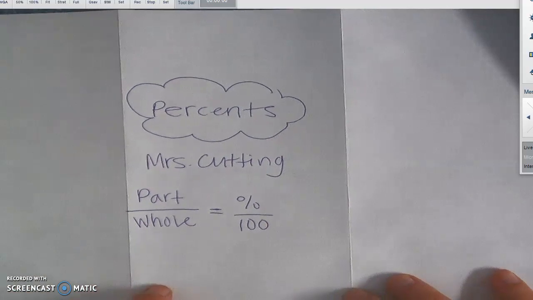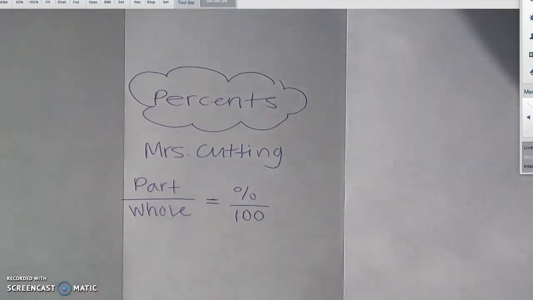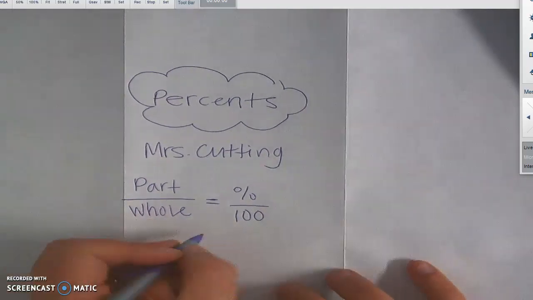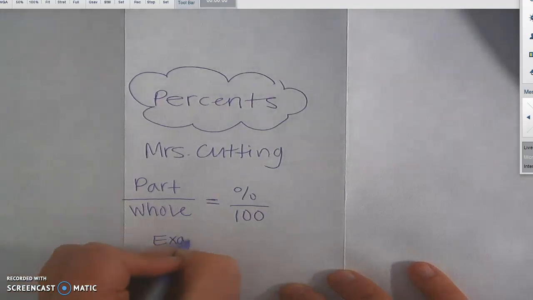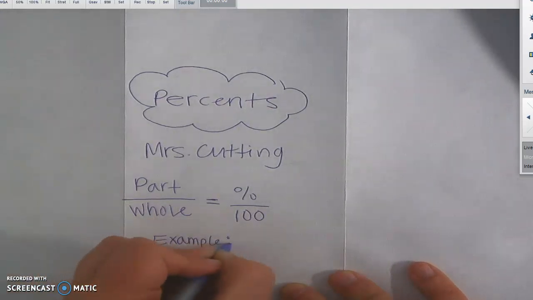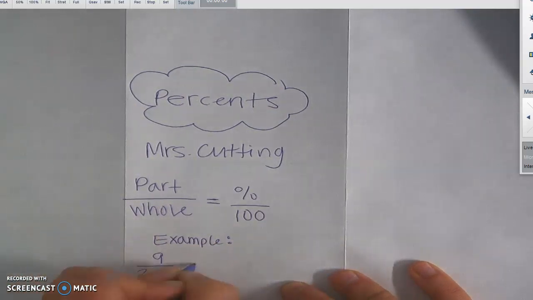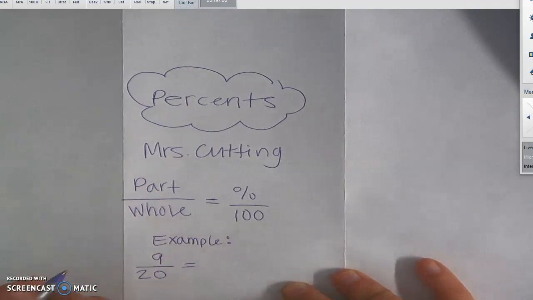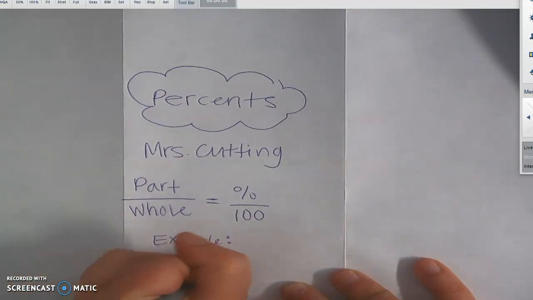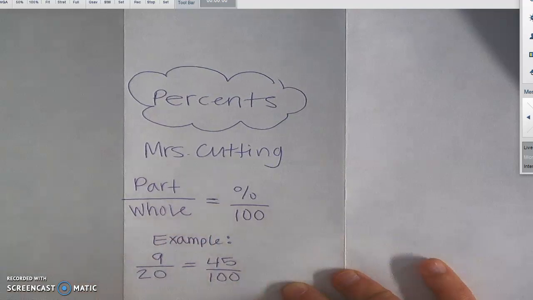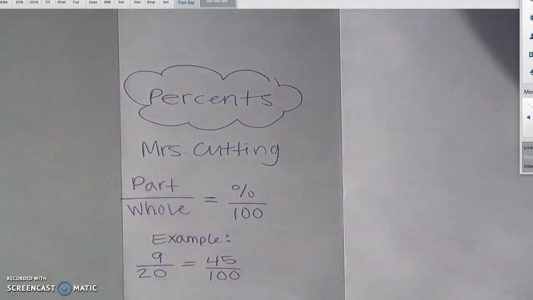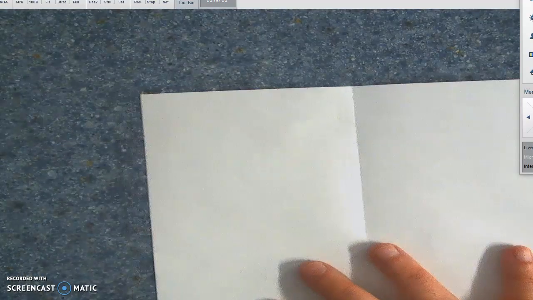So those are the four pieces of every problem that we're going to need. For example, the problem we're going to be dealing with, the part is 9, the whole is 20, and that is equivalent to 45 out of 100. So now flip over, and we're going to start in our first section.